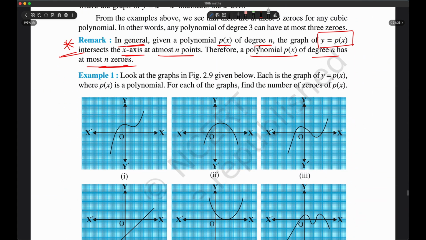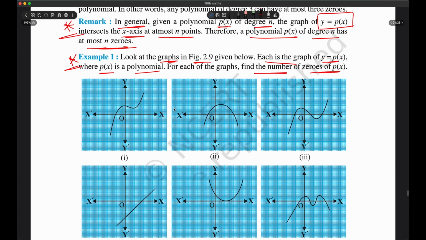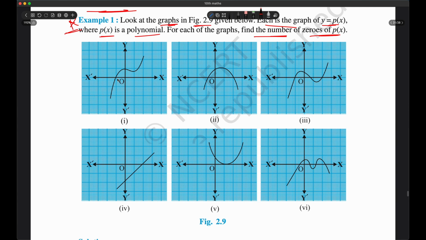Now example 1. Example 1 says: look at the graph in figure 2.9. For each graph of y equals p of x, where p of x is a polynomial, we have to find the number of zeros of the polynomial. For the first graph, it intersects the x-axis at one point, so the number of zeros is 1.